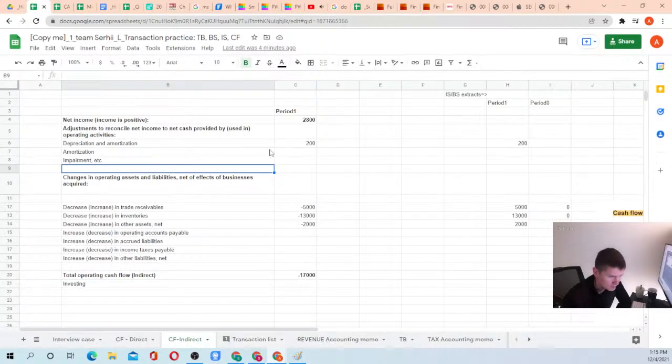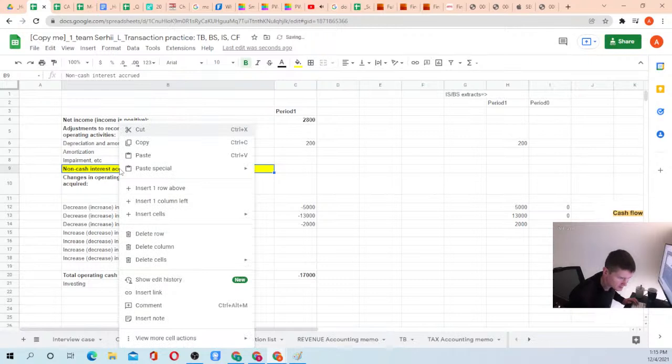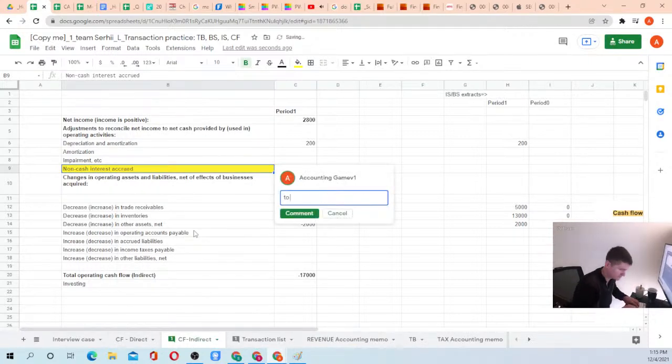Let's see what we need to put. I will call it non-cash interest accrued, but I will highlight it by yellow, and I will put a comment. Check on presentation.